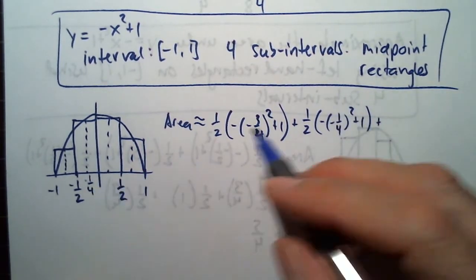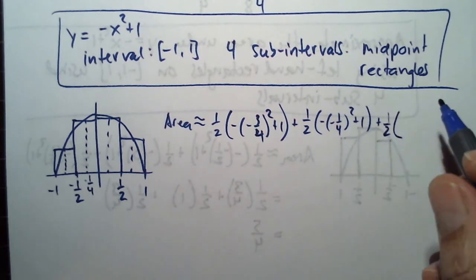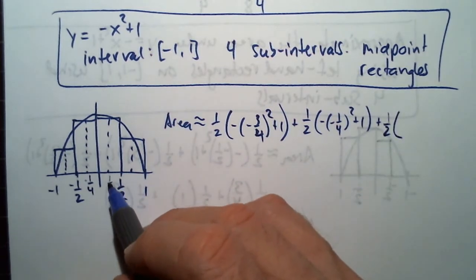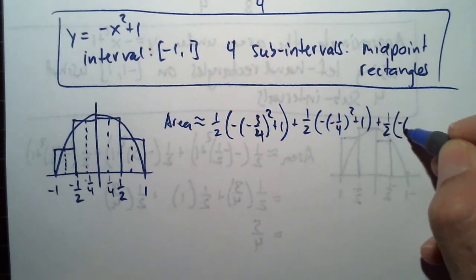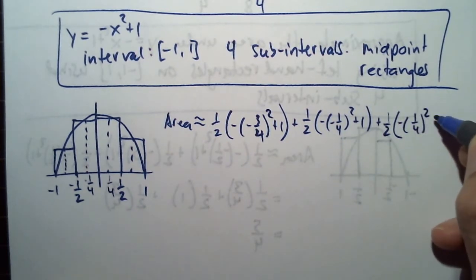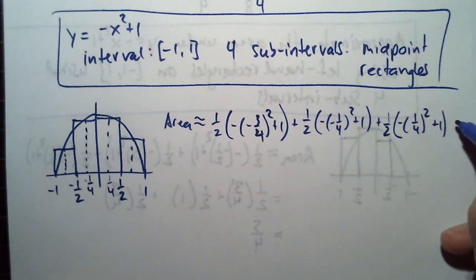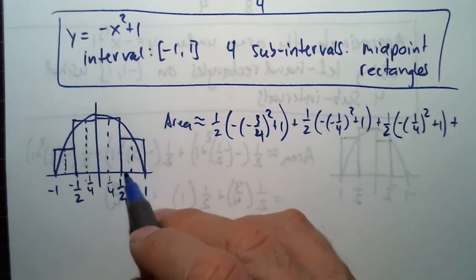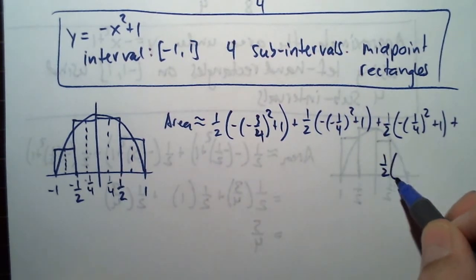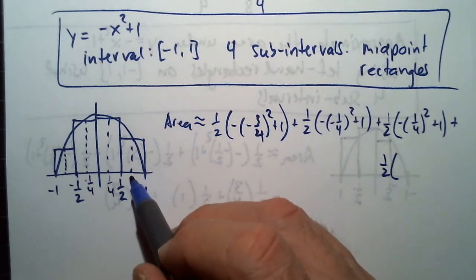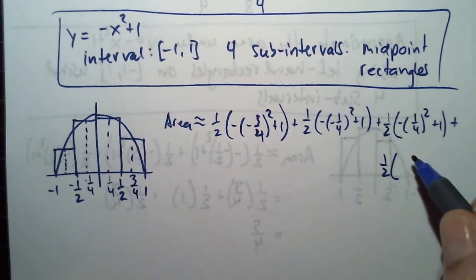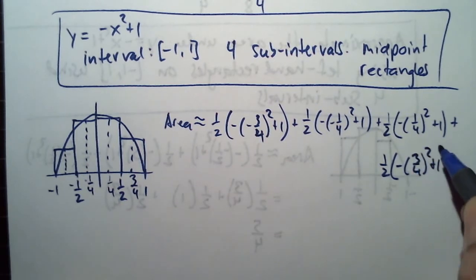All right, the base here is 1/2, and the height is at 1/4, so we have a -1/4 squared plus 1 plus, let's do the last one, is 1/2, and this is at 3/4, so we're going to go 3/4 squared plus 1.